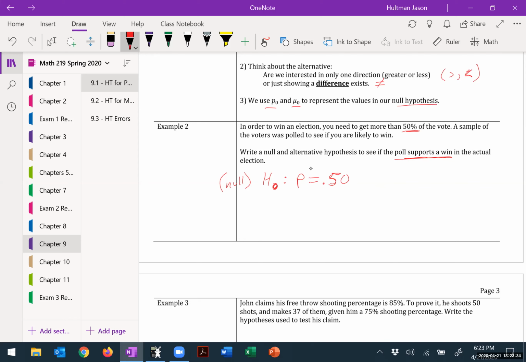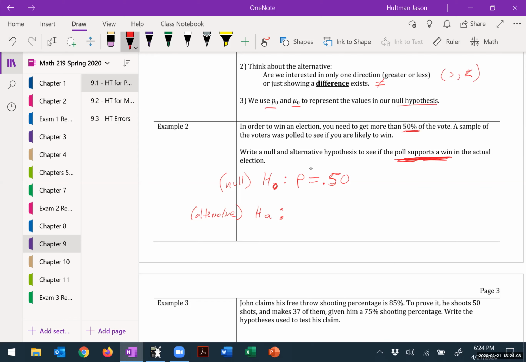What's the alternative? We did the null. The alternative is H sub A. A win in our claim is that we would get above 50%.